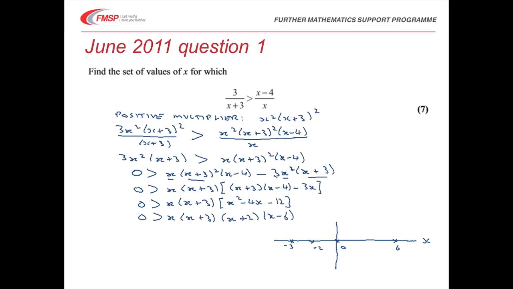It is an x to the power 4, it's of order 4, so it's going to go from top left to top right. So this polynomial would look something like this.